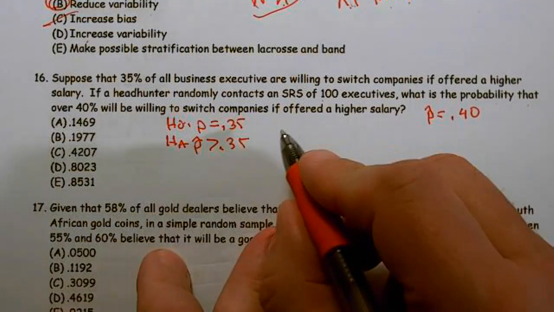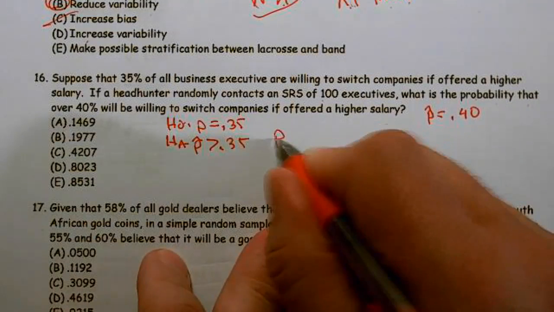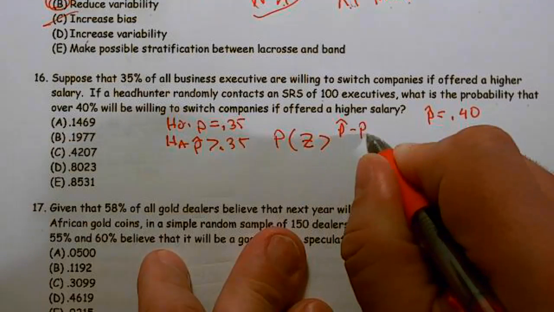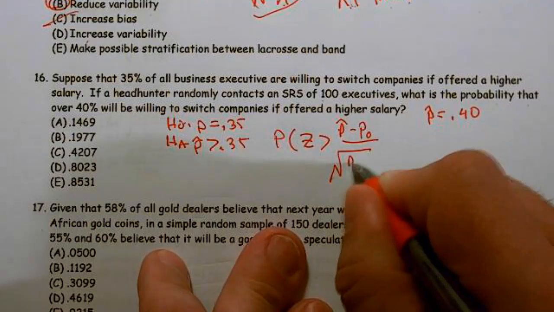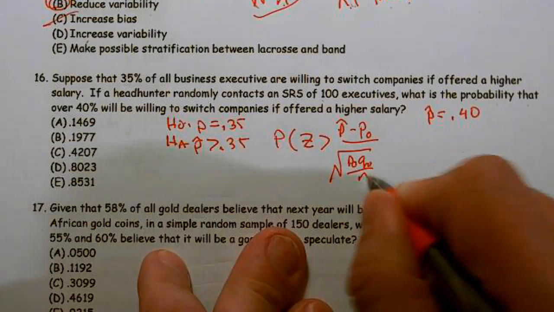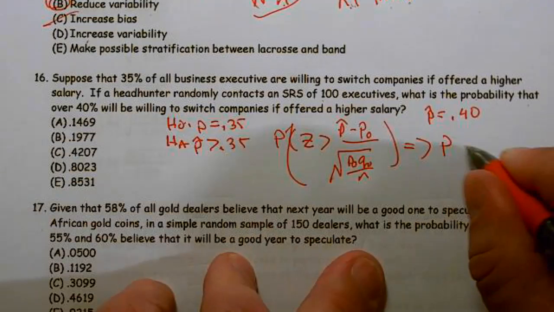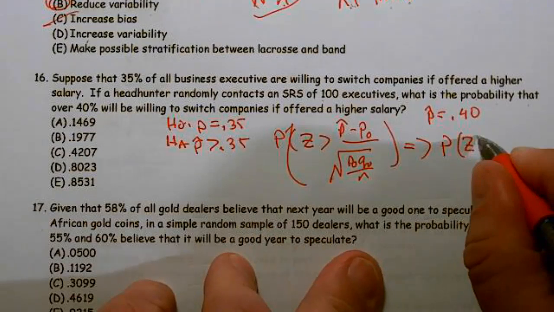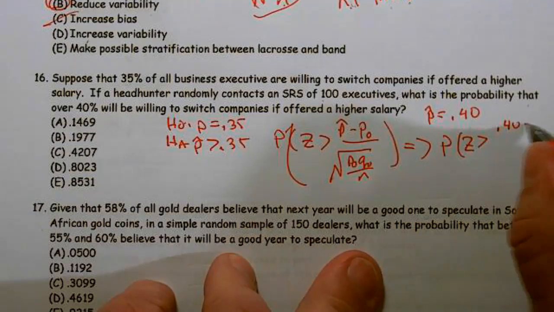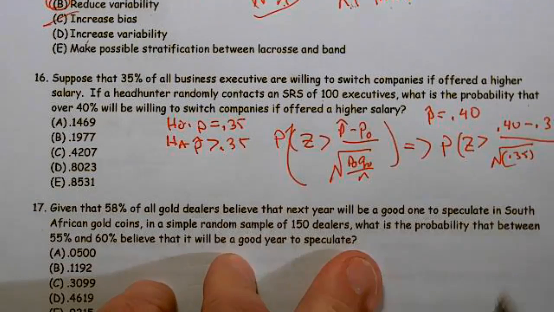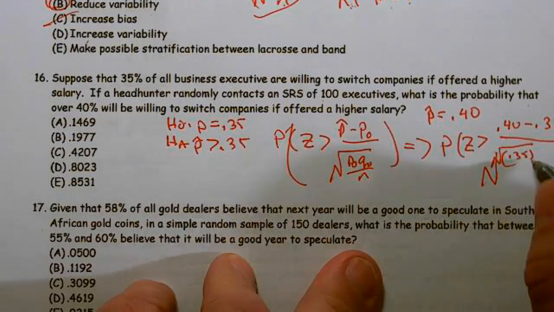So if I'm setting up my equation, I want the probability that Z is greater than (P hat minus P naught) over the square root of P naught Q naught over N, which is the probability that Z is greater than (0.40 minus 0.35) over the square root of 0.35 times 0.65 over... that looks horrible.